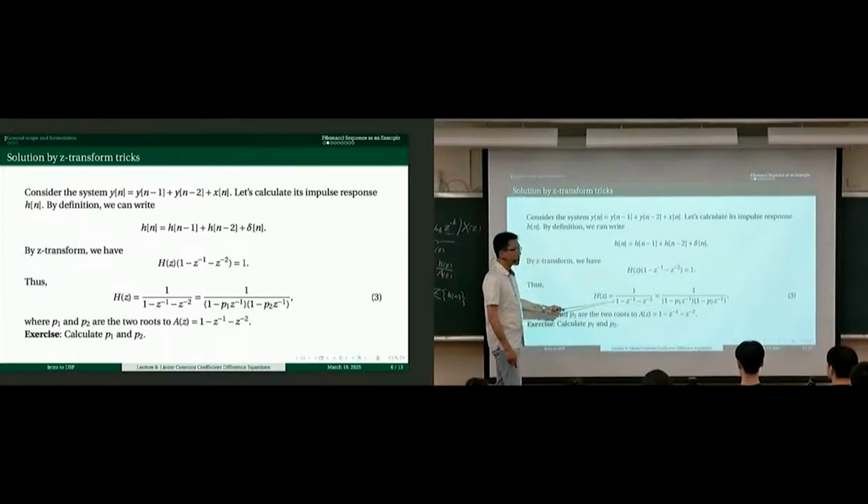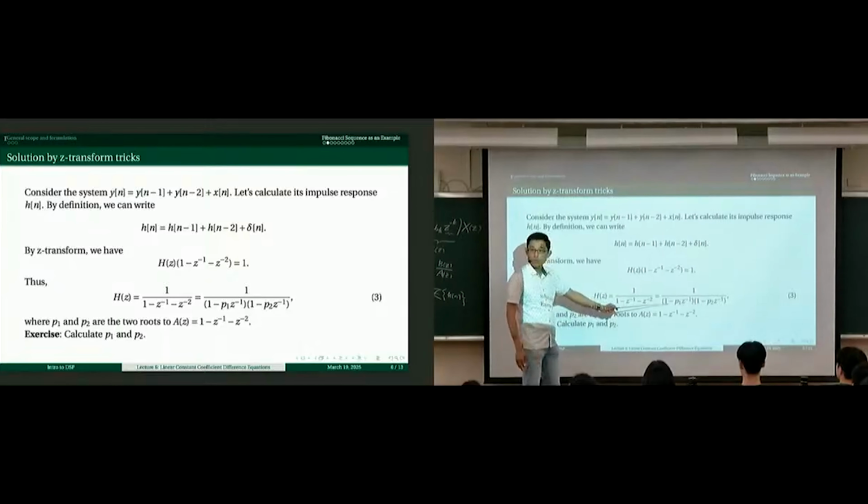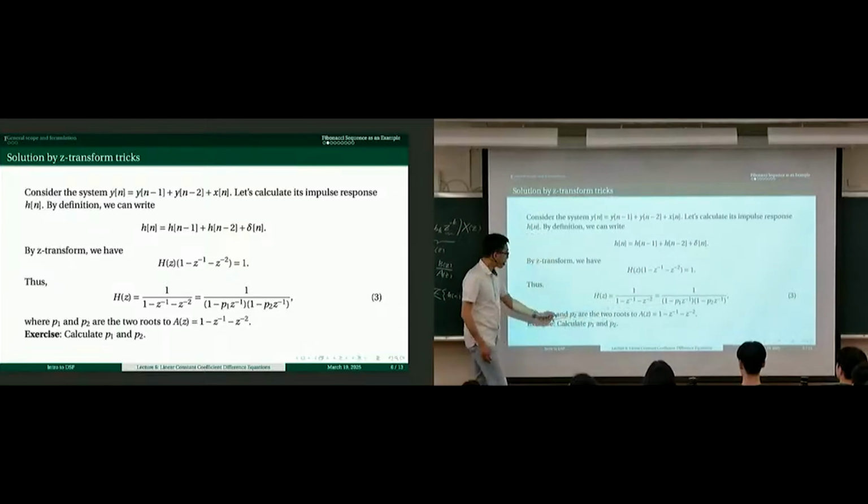They might be the same root, which is not the case right here, but in general, if the order of A is 2, then we can further factorize this polynomial into this form. And please do note that the leading coefficient is always 1 in this entire formulation.